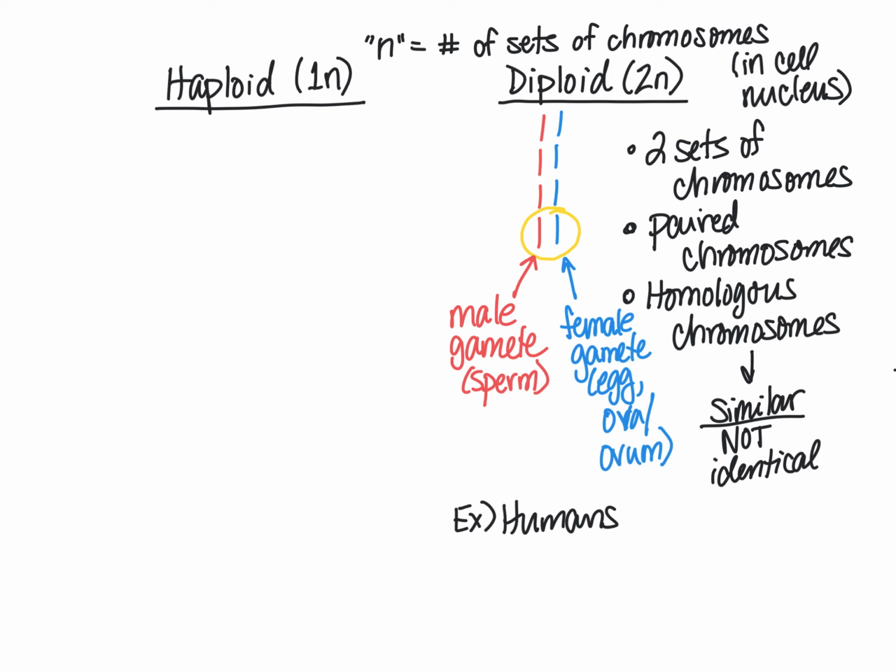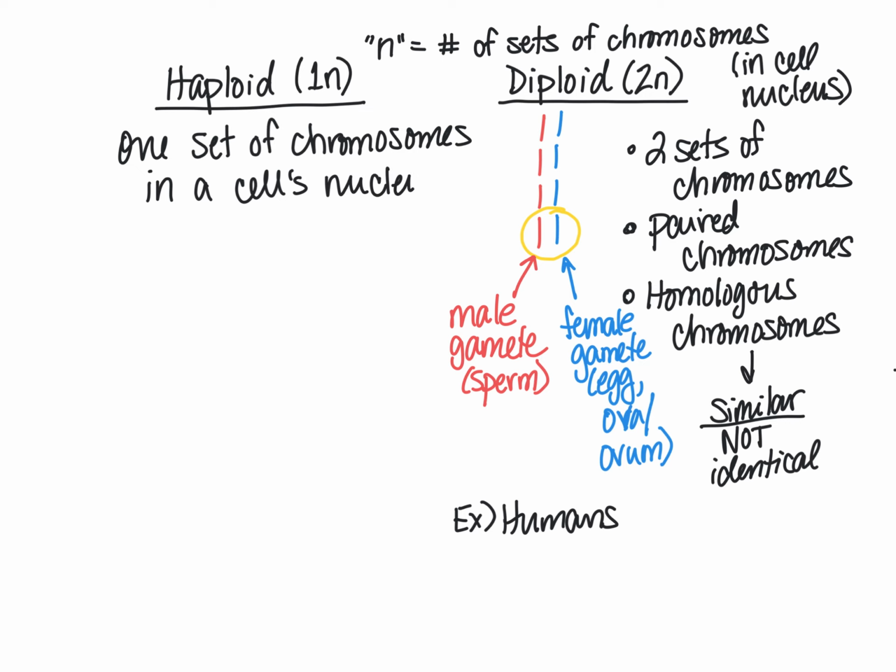So now let's talk about the haploid condition. In a haploid cell, there's only one set of chromosomes in the cell's nucleus. So this means that these cells do not have paired chromosomes and they don't have homologous chromosomes.